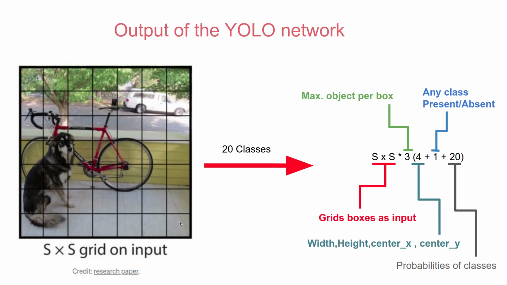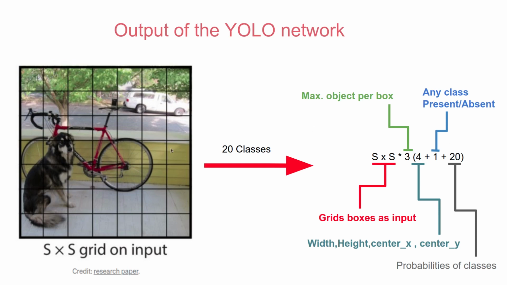For example, if we take this cell, there is no object of any of these 20 classes present. So this placeholder will be 0, and after that these 20 don't matter, because this shows there is no object in that particular box. And if this value is 1, then we need to specify the probabilities of each class.